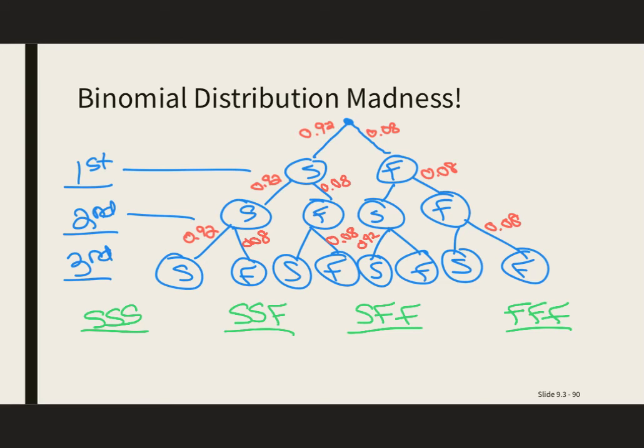Now, the outcome SSS, the probability of that is 0.92 raised to the third power. All right, that's pretty easy to see just from the picture here, 0.92, 0.92, 0.92. But then this is a little bit, well, I'll do the fail, fail, fail next. Okay, 0.08 raised to the third power.